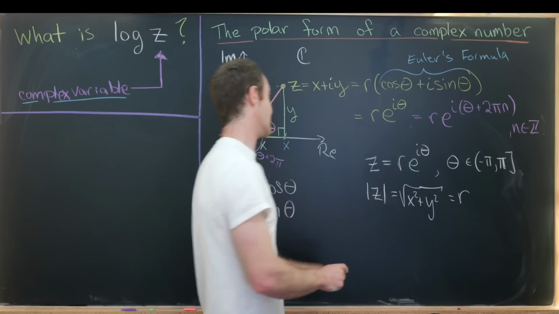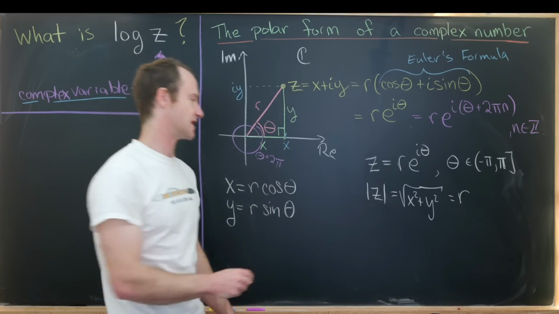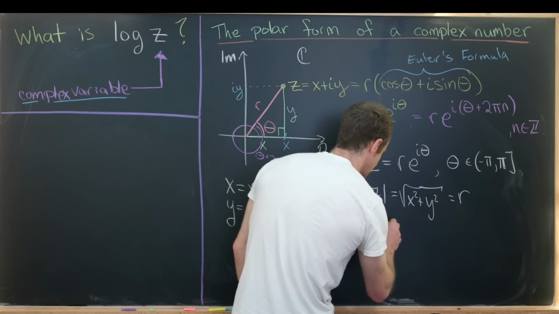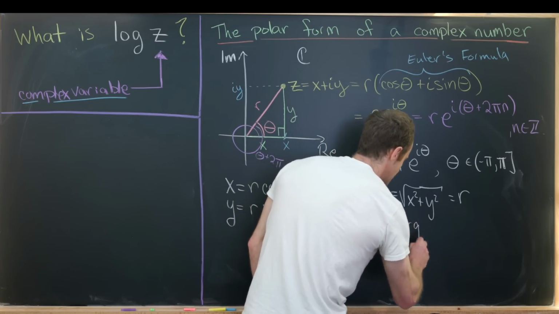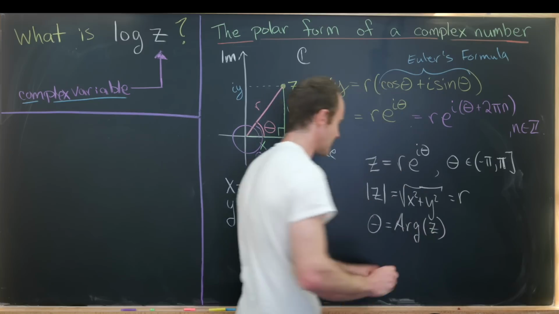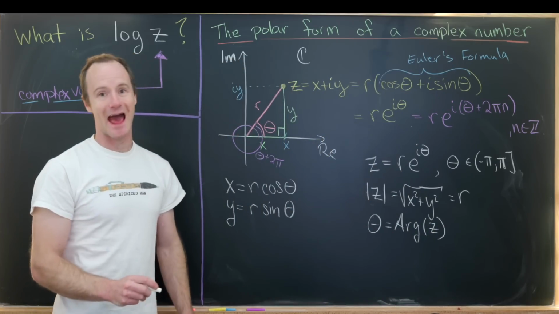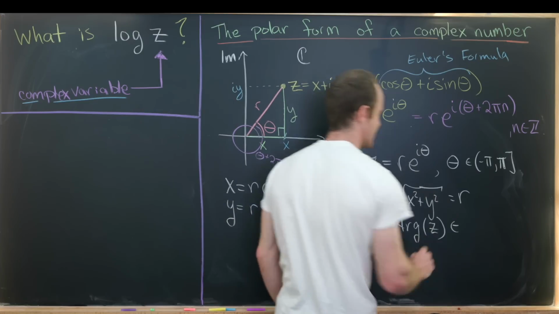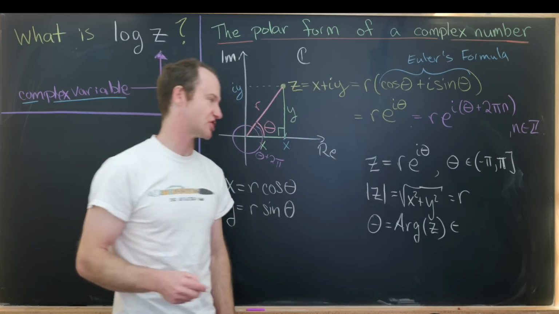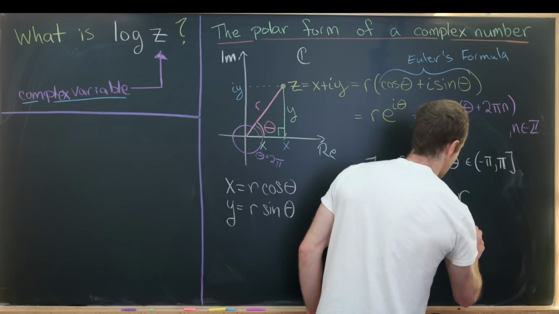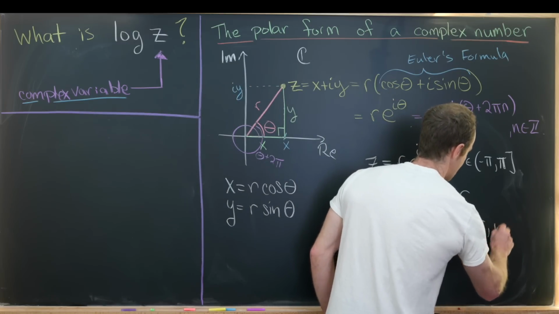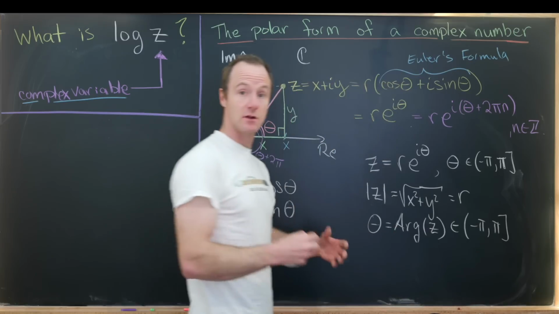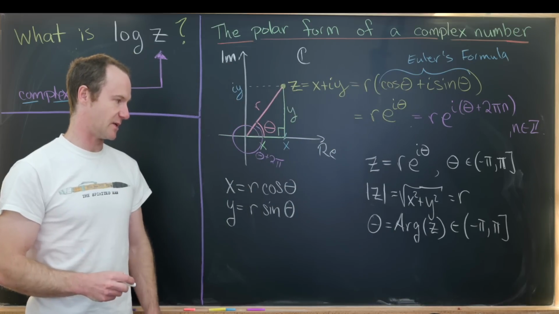Next, we'll give theta a name as well. We'll call theta the argument of the complex number. So here I'll say theta is Arg of z. And I'm very carefully putting a capital A here because putting a capital A here is like a little tricky notation to say that I'm going to take the value of theta between negative pi and pi, including pi but not including negative pi.